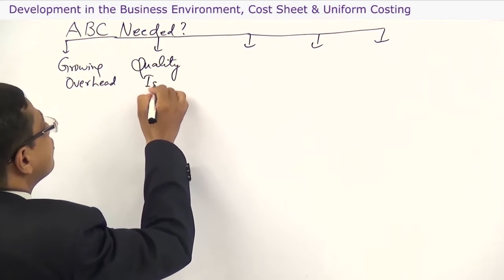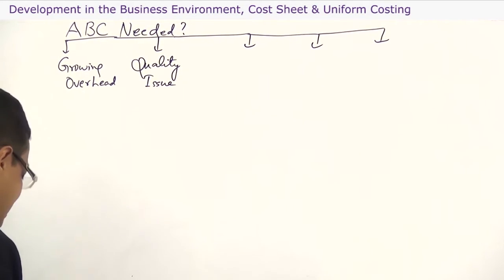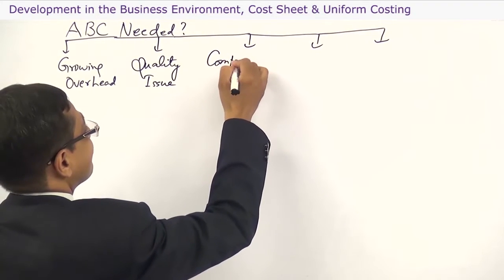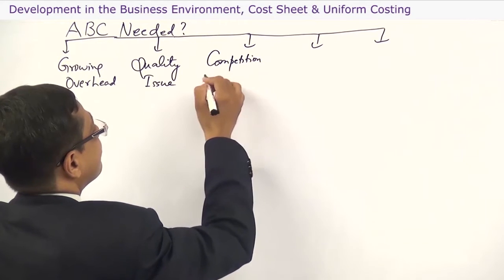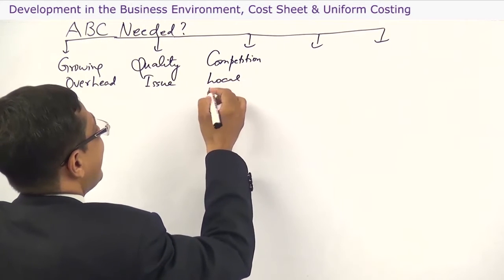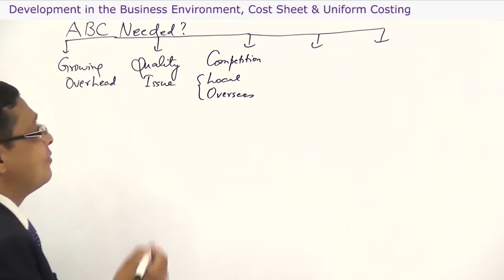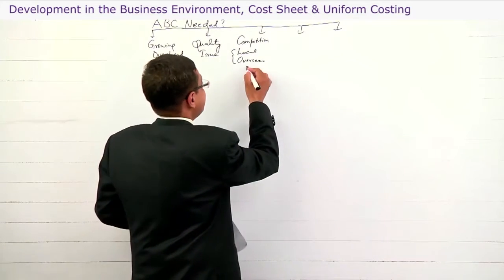The quality issue due to globalization was the second reason. Third was the competition, local and overseas. I gave you the example of the car, right?